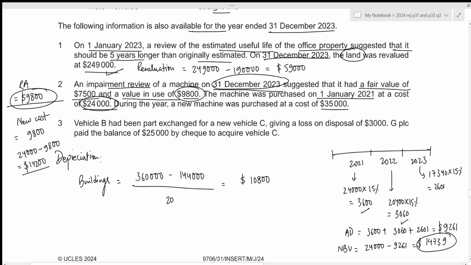And again, like I said before, this is similar to revaluation, which means that we also need to remove its previously accumulated depreciation of 9,261. Then during the year, a new machine was purchased at a cost of 35,000. Now we need to calculate the depreciation on our plant and machinery as well. Let's take a look above.